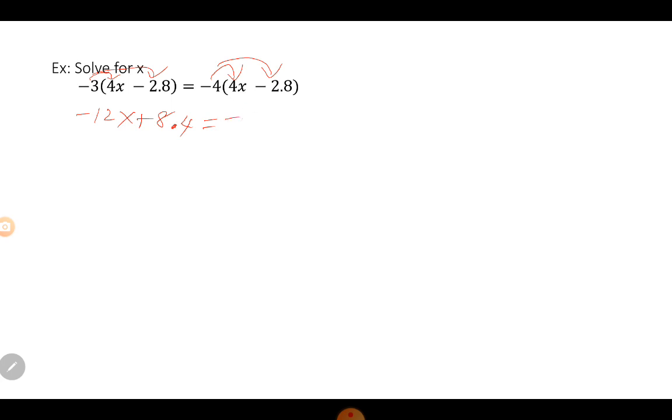On the right hand side we have minus 16x plus, and then we have 4 times 8 is 32. 4 times 2 is 8. 8 and 3 is 11. Put back in the decimal point. And here we can subtract 8.4 from both sides.